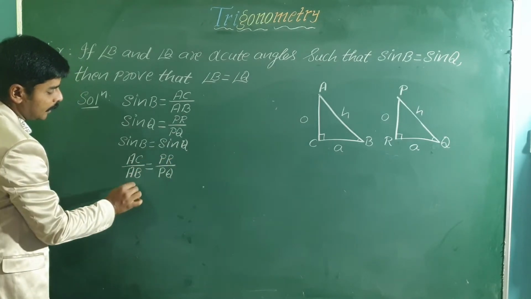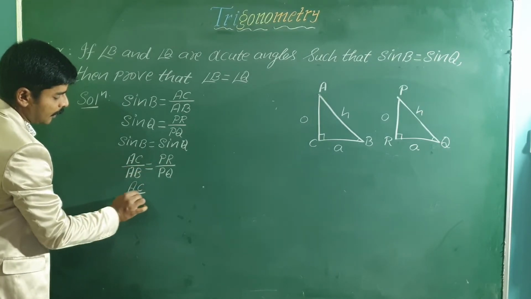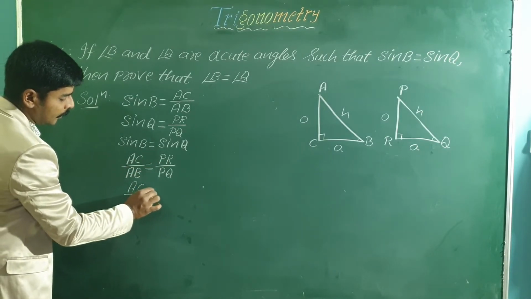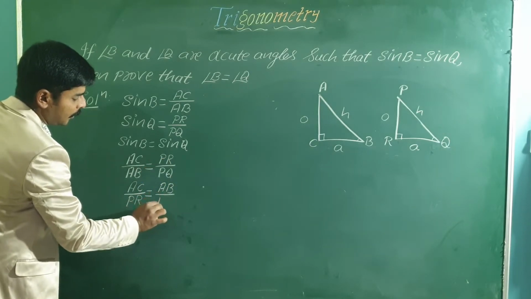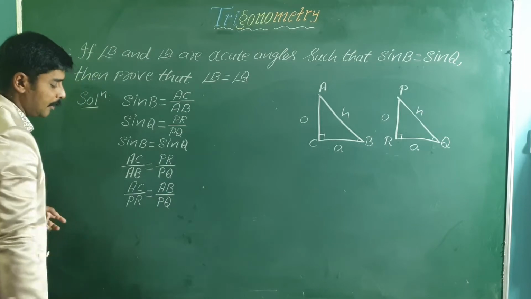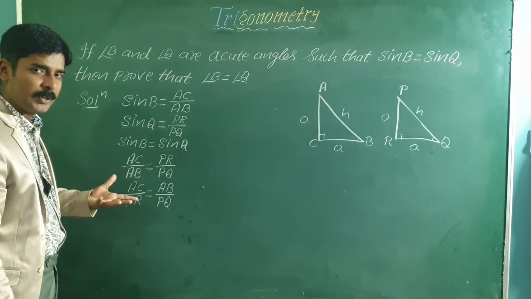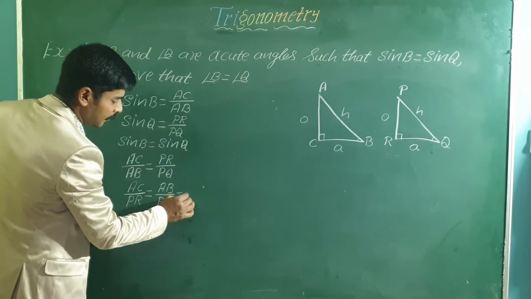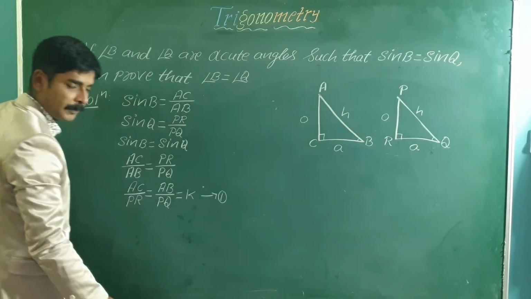Just we will interchange these two terms. So I get AC by PR is equal to, if AB comes here, AB by PQ. Let me assume that this ratio AC by PR and AB by PQ is equal to some constant K, and I will call this equation 1.